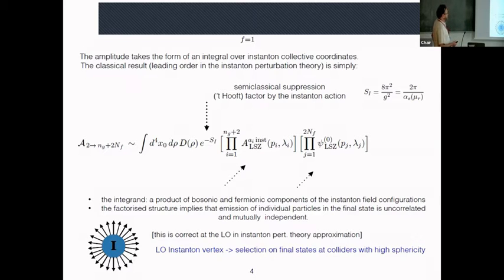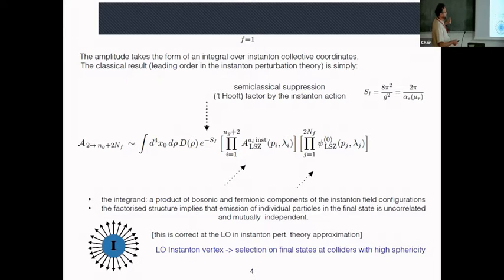And then you are looking for a particular amplitude, in this case with n plus 2 gluons, for which you put in the n plus 2 gauge field configurations, Fourier transformed to momentum space and LSZ amputated, and you substitute the instanton field configuration there, in the leading order instanton approximation.